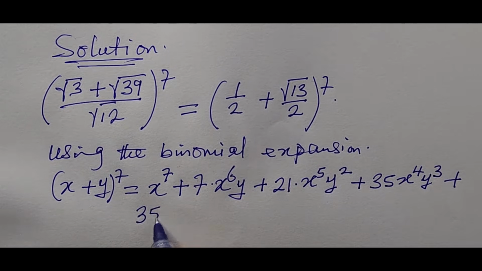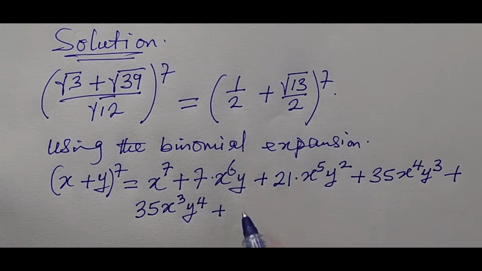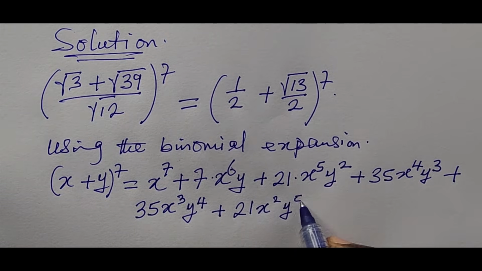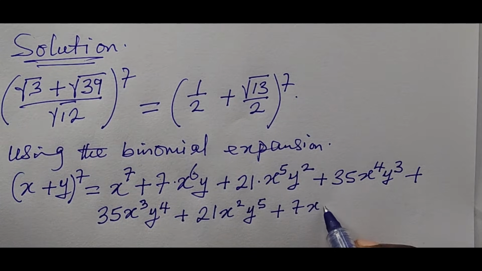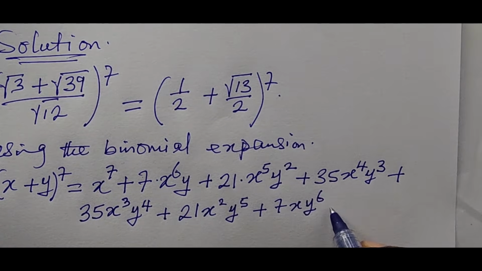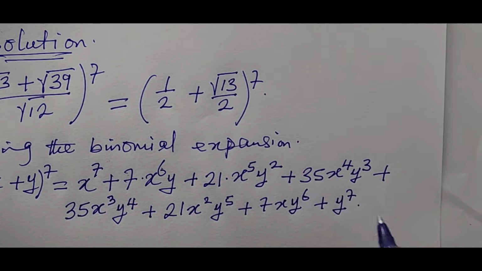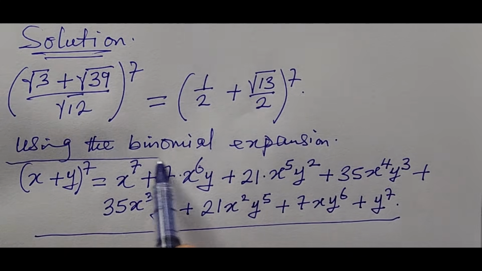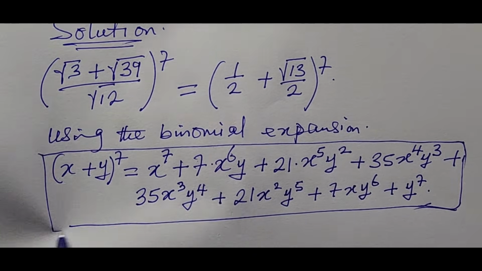So we have 35 x to the power of 3, y to the power of 4, then plus the next coefficient, 21, x to the power of 2, y to the power of 5, and the next coefficient is 7, x to the power of 1, then y to the power of 6, and the last one, the coefficient is just 1, and it will be just y to the power of 7. All right, so this is the expression we're going to make use of according to binomial expansion.